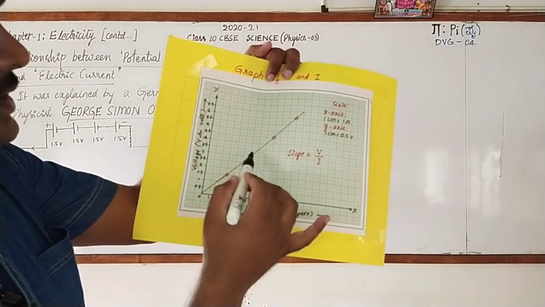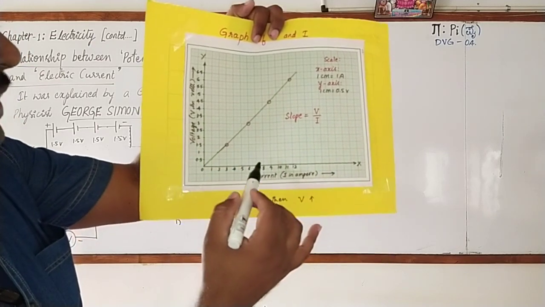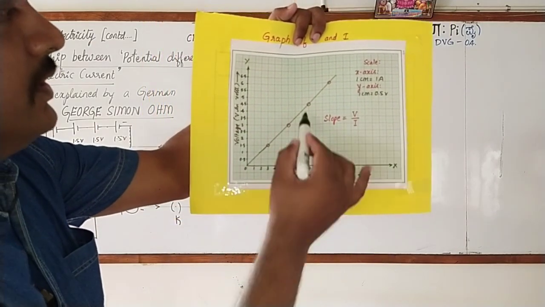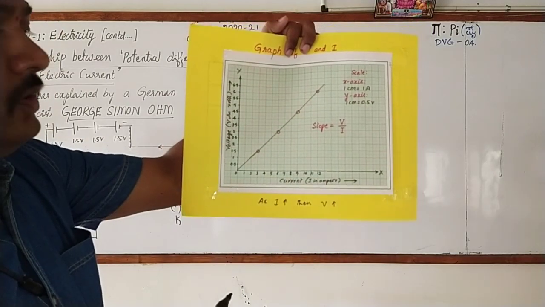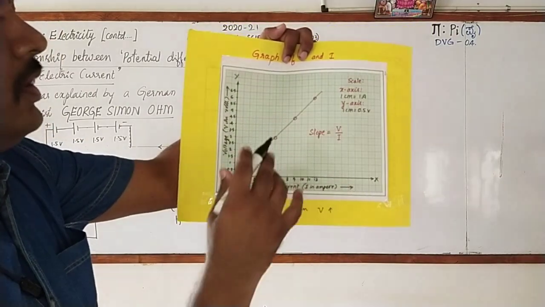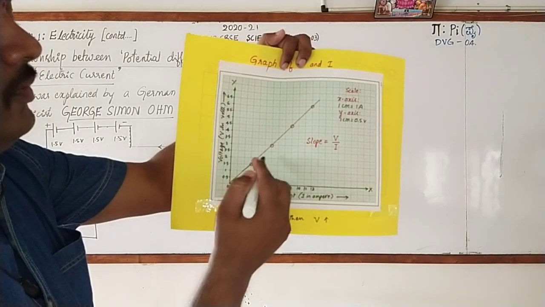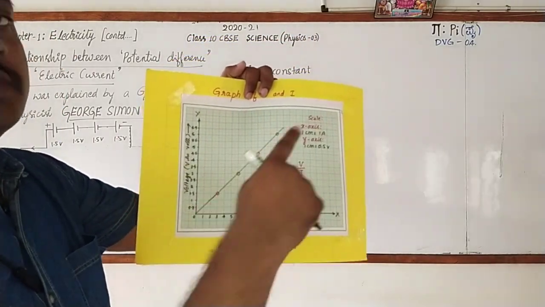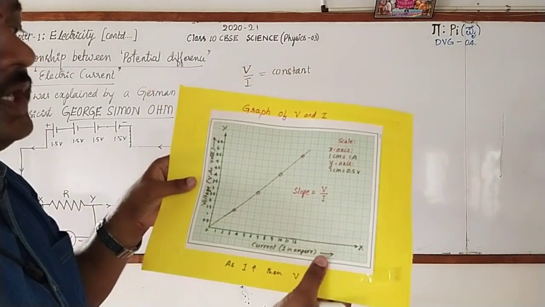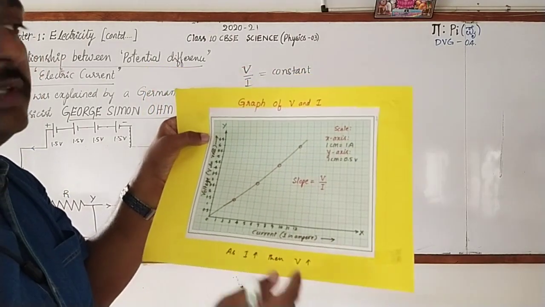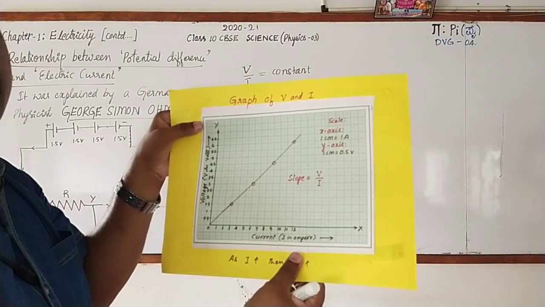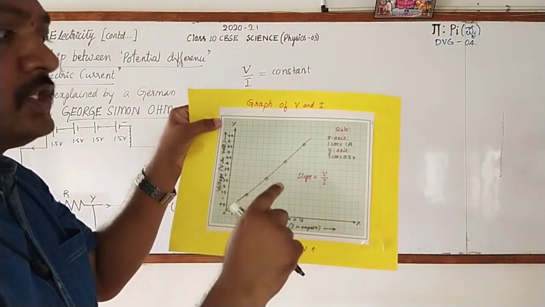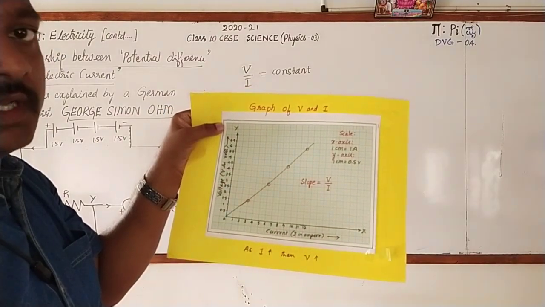When current is 6, voltage is 3. When current is 9, voltage is 4.5 volts. So we have marked the points. On joining them, you will get a straight line. A straight line indicates that the graph of VI is linear. That means the ratio of V by I is constant.